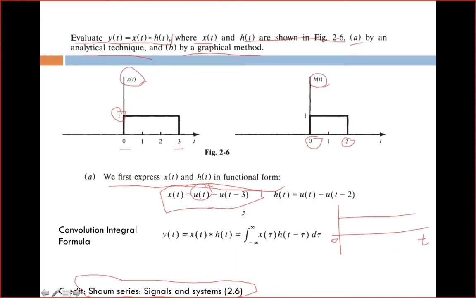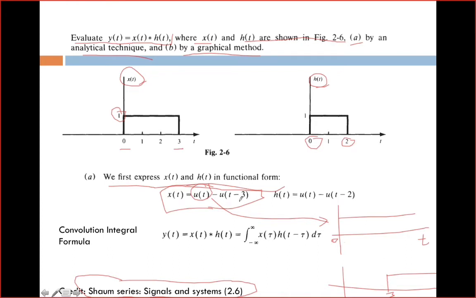At the same time, I am going to draw u of t minus 3. U of t minus 3 is also a step signal, but the signal starts at t equal to 3, whereas here the signal starts at 0.